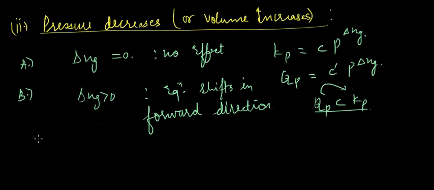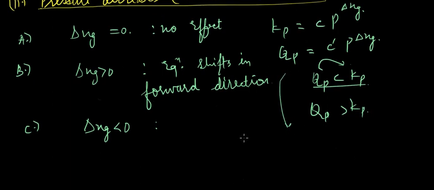Okay, next let's see what happens when delta ng is negative. So delta ng is negative and the pressure is decreasing, so this implies that Qp goes higher than Kp. Why am I saying this? I just took a hypothetical example in my mind wherein I took delta ng as -1.